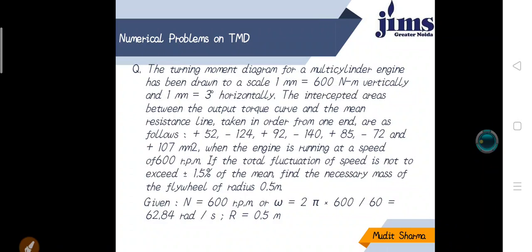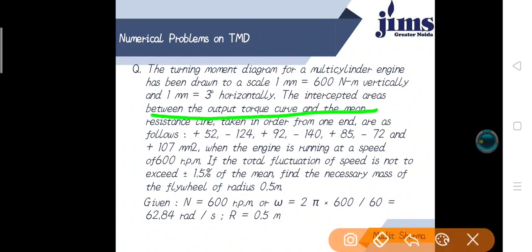The intercepted areas between the output torque curve and the mean resisting line are taken in order from one end as follows: plus 52, minus 124, plus 92, minus 140, plus 85, minus 72.